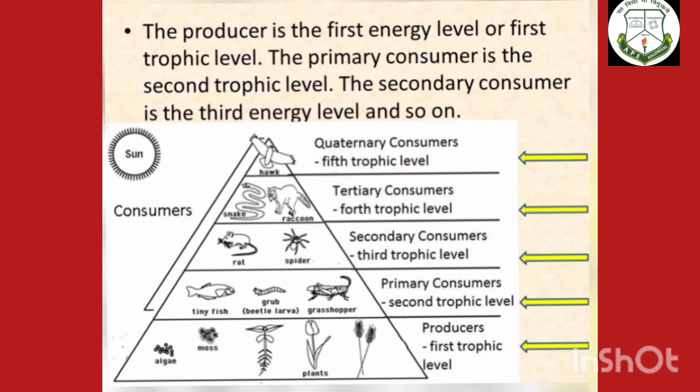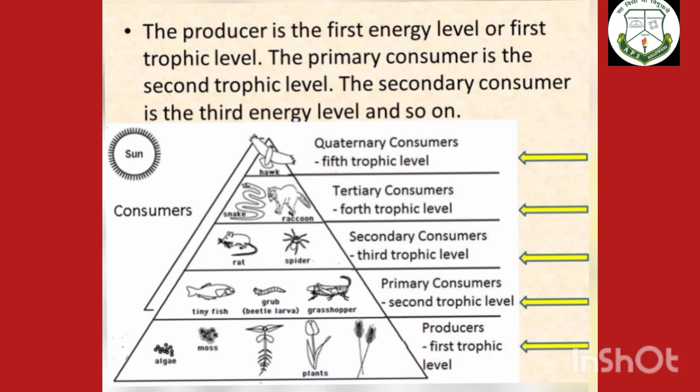Now the third trophic level consists of secondary consumers. The secondary consumers take food from the primary consumers. For example, rat, spider, they feed upon the tiny fishes, grasshoppers, etc. Now the fourth trophic level is of tertiary consumers. Tertiary consumers, for example, snake.